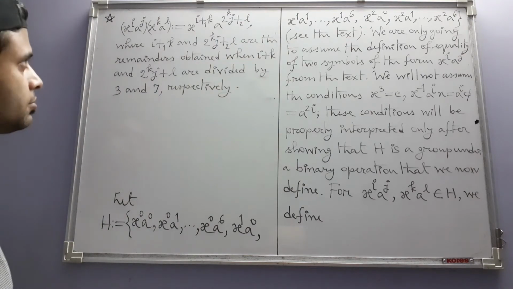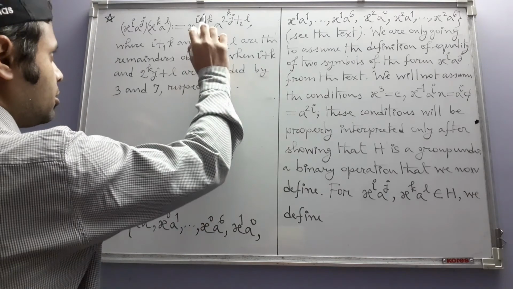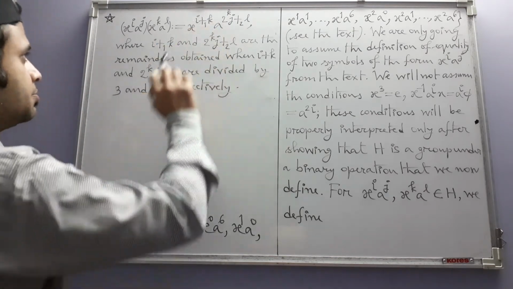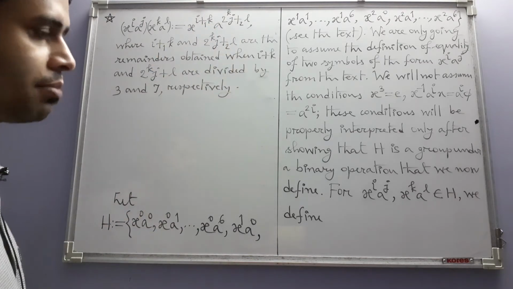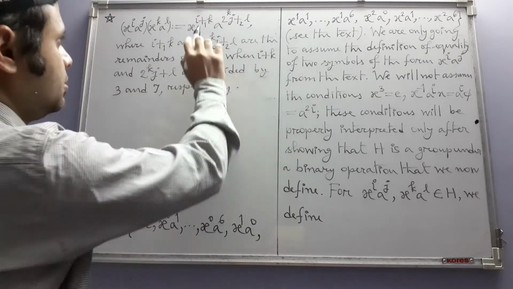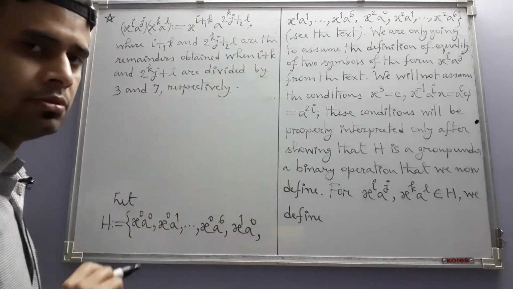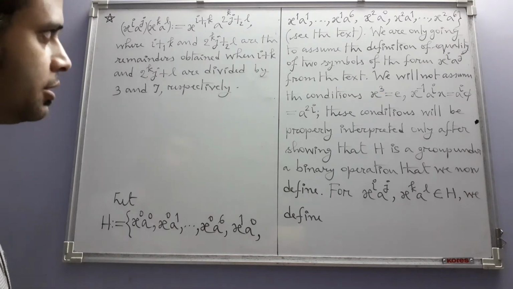Okay. Now note one thing. Because the number that appears above x is a remainder when we divide something by 3, this itself is either 0 or 1 or 2, because these are the possible remainders when we divide something by 3.